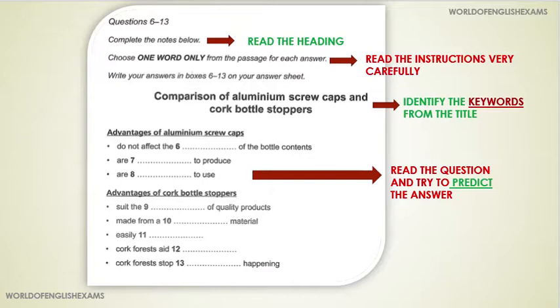So if we find the first answer, we need not read the text which is present before that paragraph. Let's see that if the answer is found in the second paragraph, we need not read the first paragraph again. So that is the clue that we need to understand. This is one of the very important tips, guys. So what is the first one? We are going to look for our keywords, aluminium screw caps and cork bottle stoppers, particularly for the first keyword, aluminium screw caps.